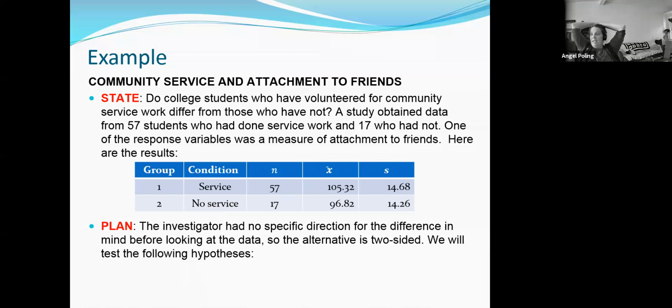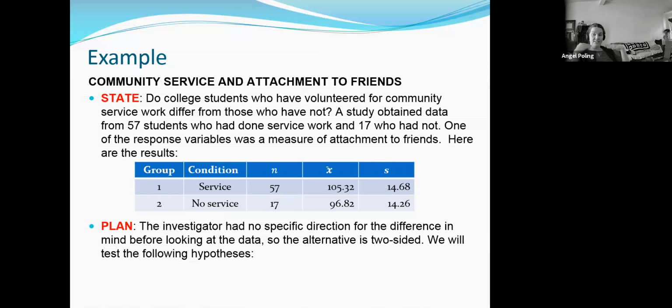Community service and attachment to friends. State the problem. Do college students who have volunteered for community service work differ from those who have not? A study obtained data from 57 students who had done service work and 17 who had not. So two sizes, two different populations. One of the response variables was a measure of attachment to friends. Here are the results.